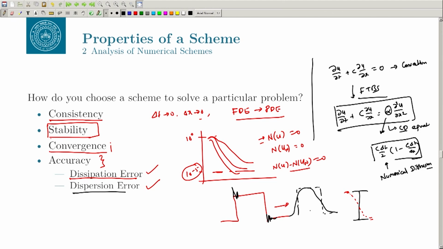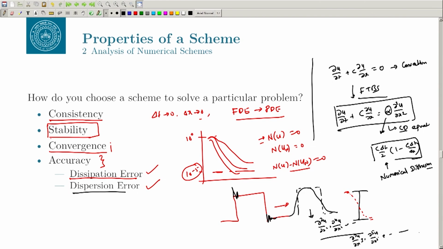If you have a leading truncation error which is of even derivative, del 2 u by del x square or del 4 u by del x 4 and so on, these even derivatives typically give you the dissipation error. On the other hand, if your leading truncation error has del 3 u by del x cube or del 5 u by del x 5 and so on, these terms give you the dispersion error. We will look into both these errors in more detail in the subsequent classes.